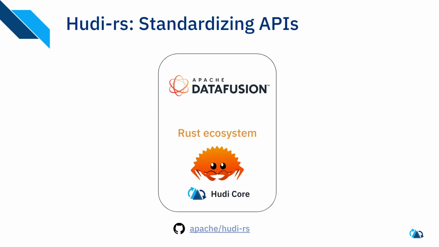So this brings me to one of our most exciting developments, the Hudi-rs project. Hudi-rs is a native Rust implementation of Hudi, designed to expand ecosystem integrations and standardize APIs across different frameworks.